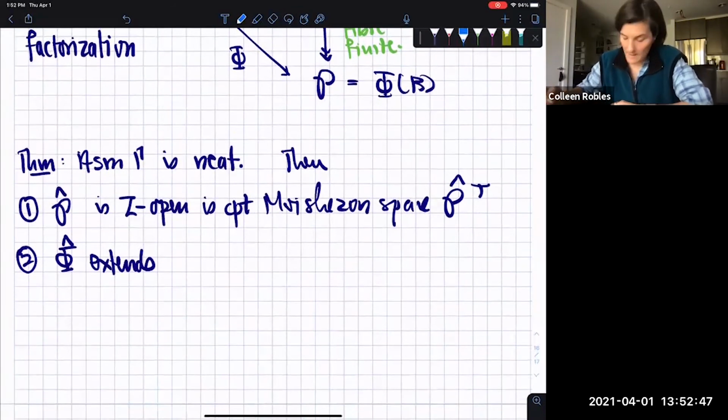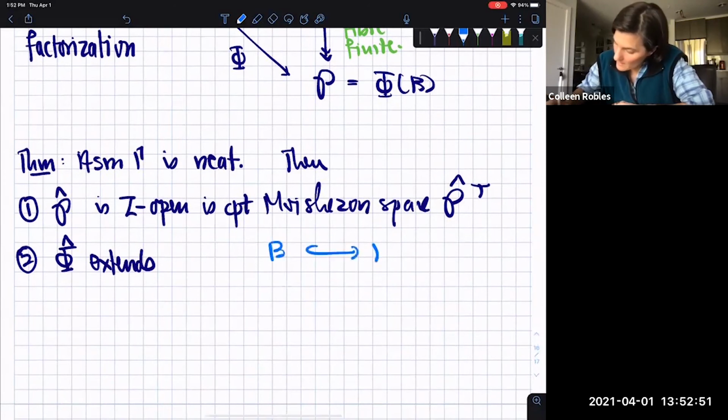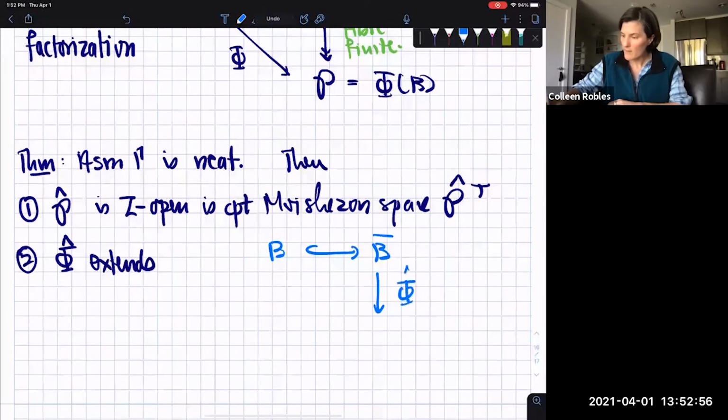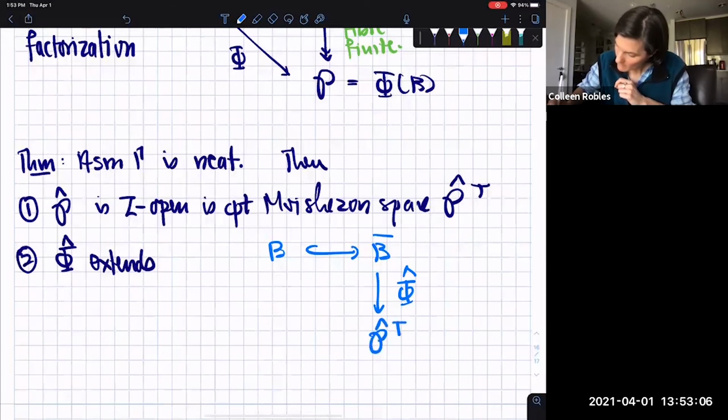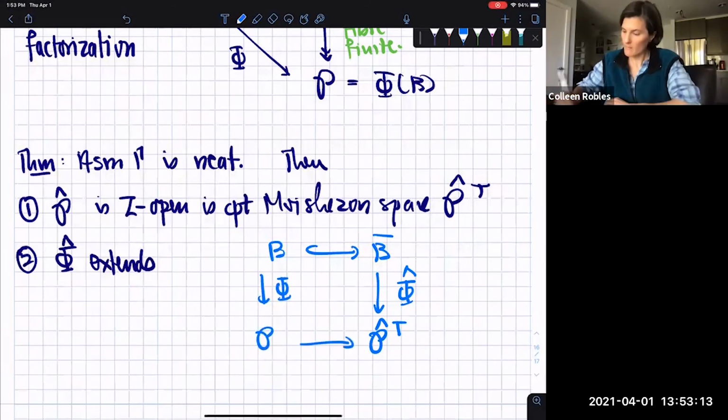And it extends as in we have B is included in B bar, and we get a phi hat. A diagram like this extends and is a morphism.